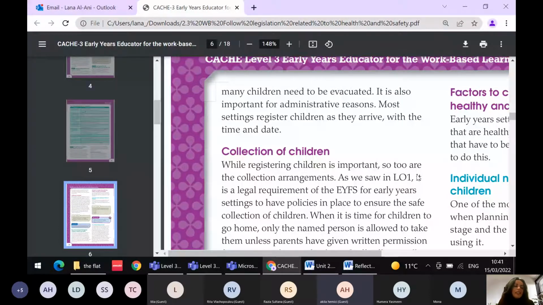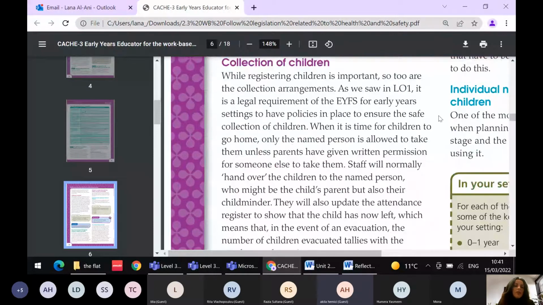How about collection of the children? Do we know anything about collection of the children? Yes, to make sure that we are going to give them to the right person. Yes, excellent. Any other things? If the child left earlier, we need to register them.